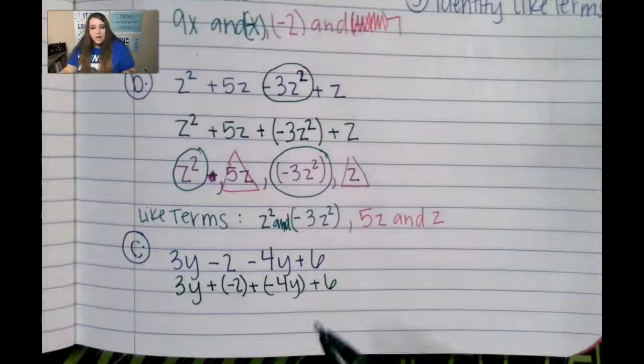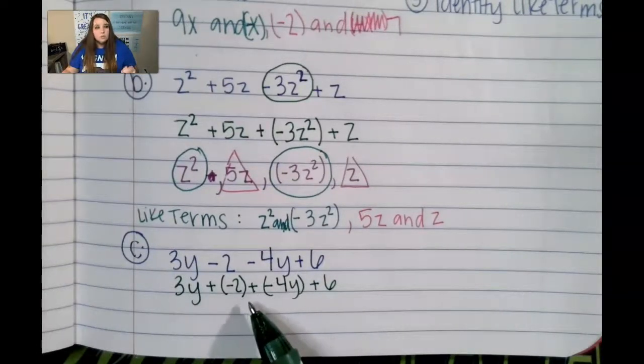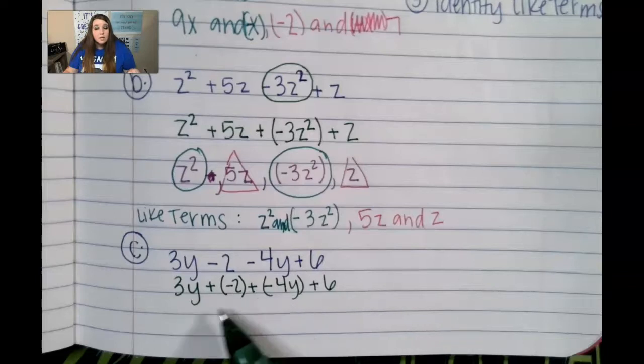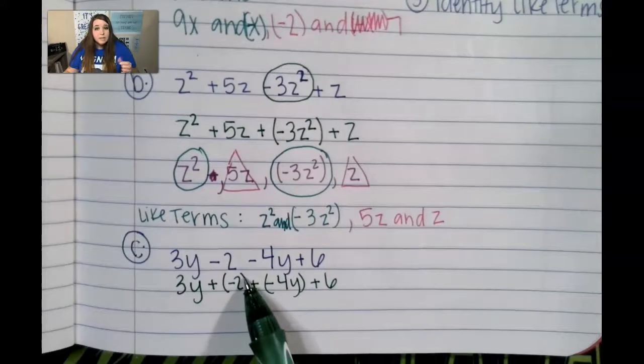The reason why we're rewriting it with addition signs is because you can use the commutative property, which we will do tomorrow, to simplify these things. So in addition, you can commute your numbers. When it's subtracting, you're not able to.